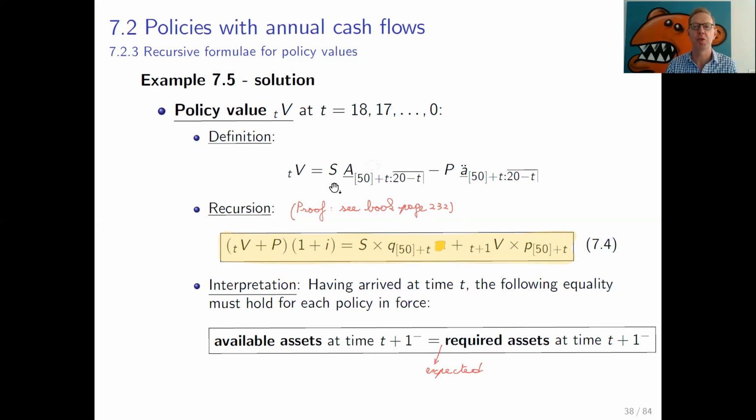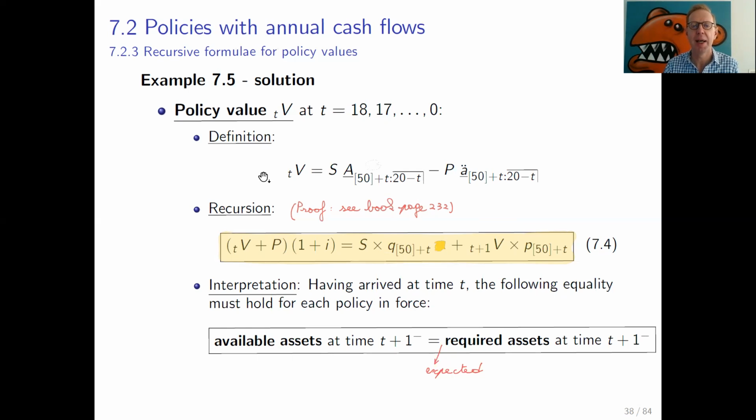At time t, the insured, assumed to be still alive, has age 50 plus t, and the actuarial value of his future benefits is an endowment for 20 minus t years of amount S. Concerning the actuarial value of future premiums, the premiums are still payable the first 20 minus t years because the insured now has age 50 plus t. So minus P times ä double dot 50 plus t, 20 minus t.